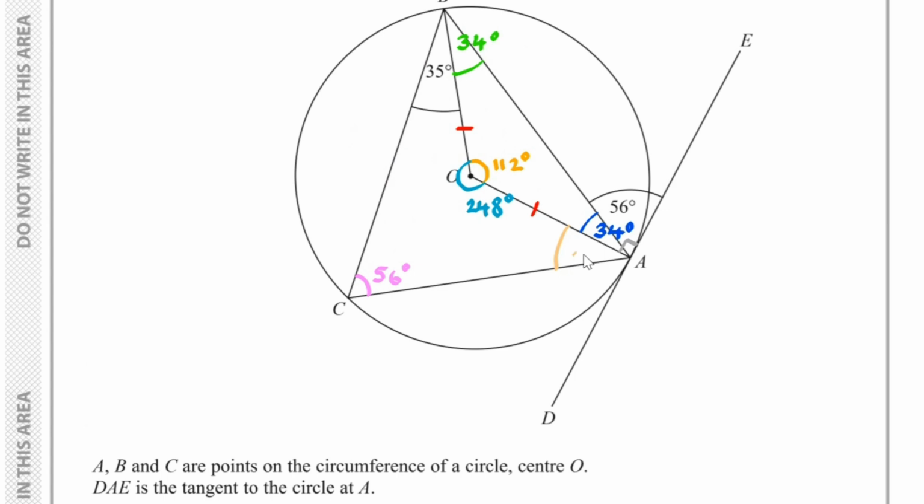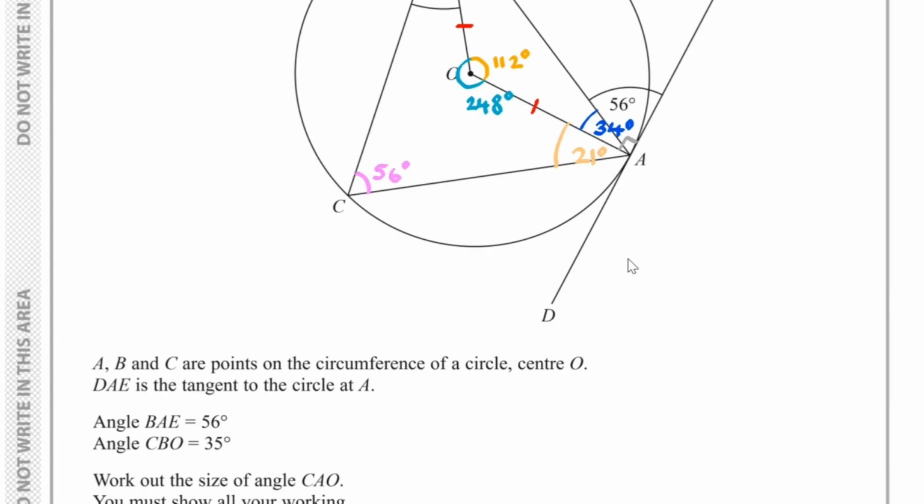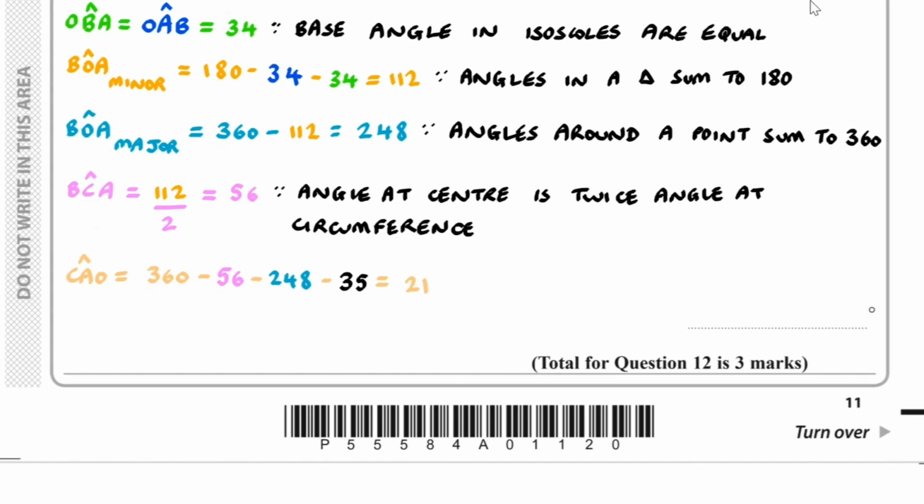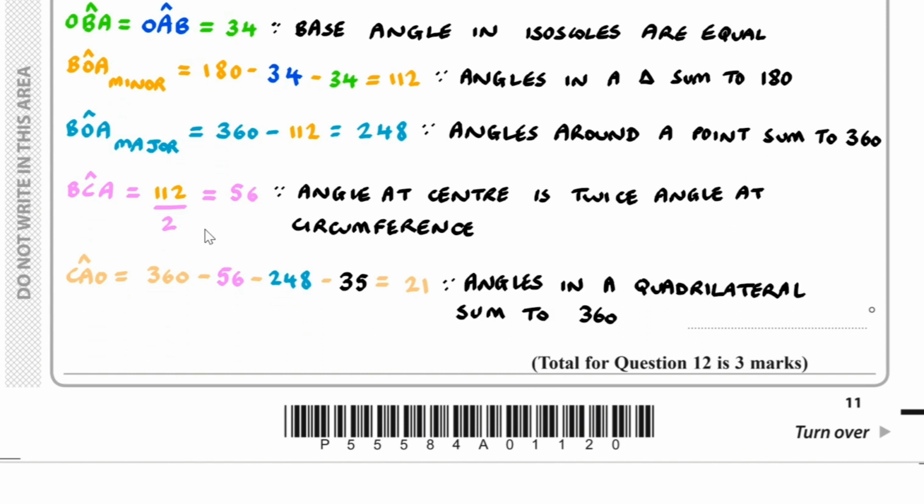So this angle here is 21 degrees, and the reason for that is the angles in a quadrilateral sum to 360. And so therefore, the angle CAO is the angle we want, that's 21 degrees.